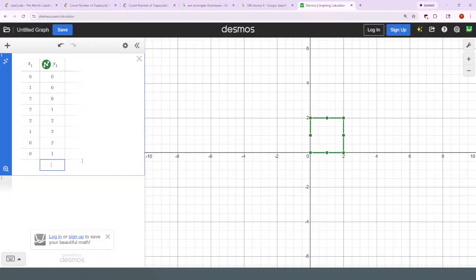So 30. How do I get 30 from here? So 1, 2. Maybe I just need to simplify this. This is 30. 1, 2.